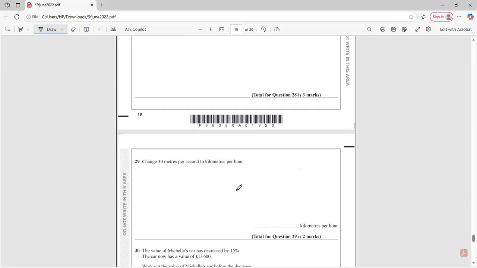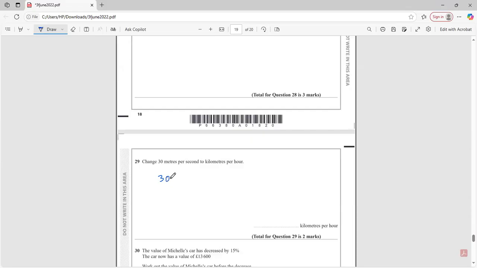Okay, number 29. I think this is the first time I'm seeing this kind of question. Change 30 meters per second to kilometers per hour. All right, so remember what I told you, I can't remember whether it was here or in physics or chemistry, but I know I said something about units.